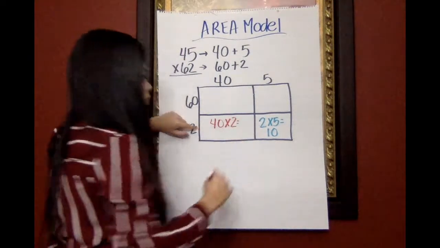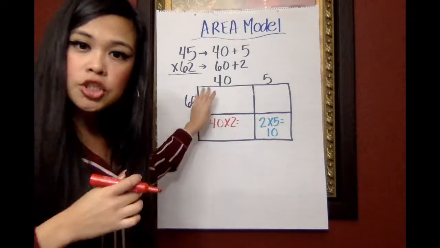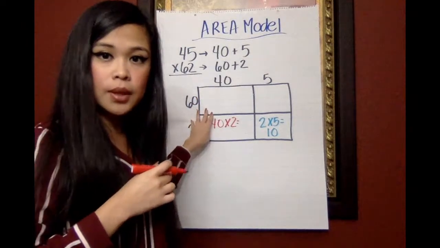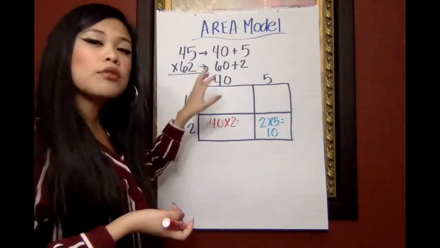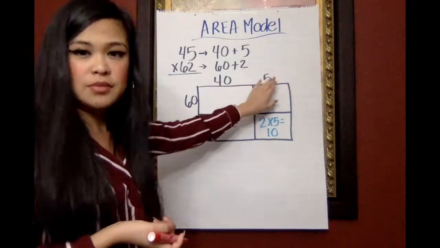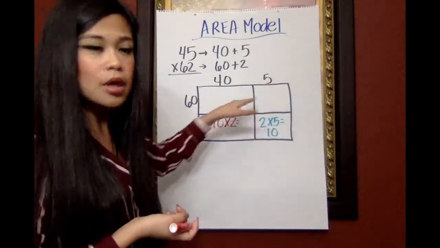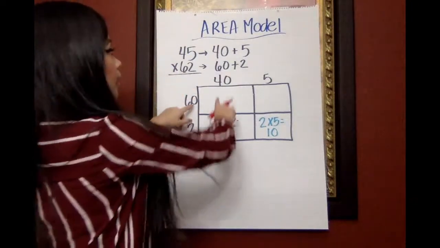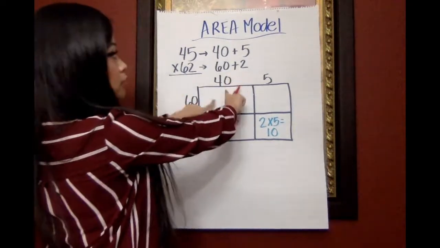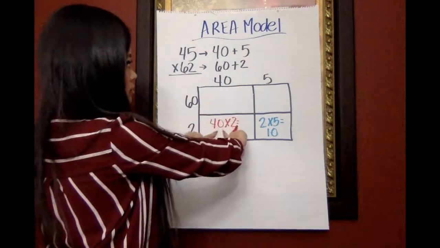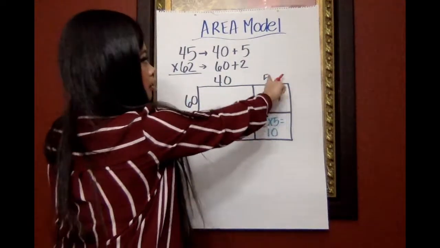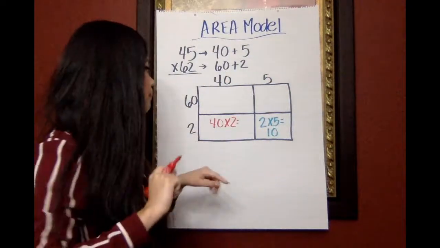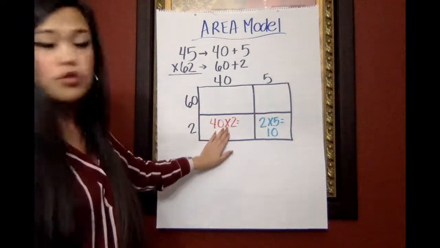And remember when I say that each number gets multiplied by the other one? You're not going to multiply 40 times 5 because that's the same number, or 60 times 2 because that's the same number. I meant each other, like both tens and the 10 and the 1s, the 10 and the 1s and then both 1s. Okay? So 40 times 2.